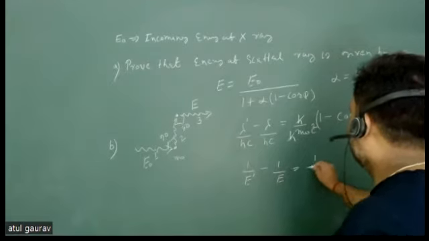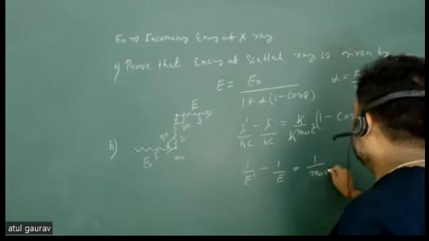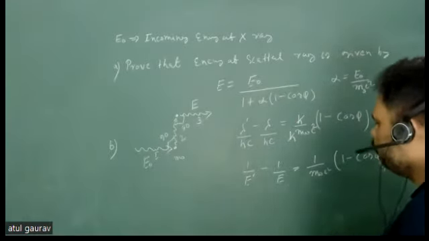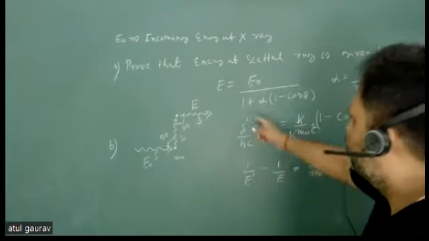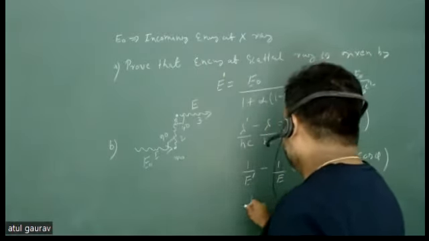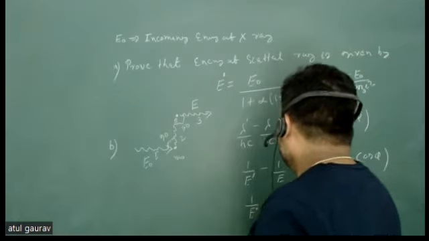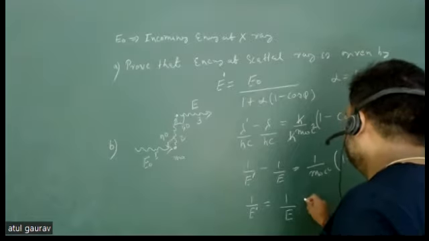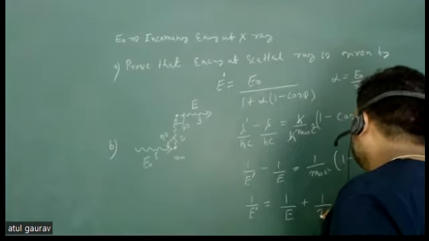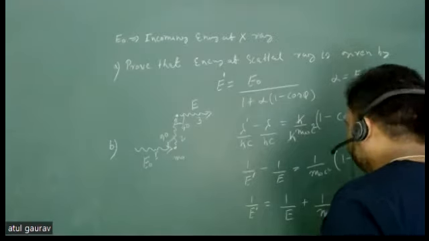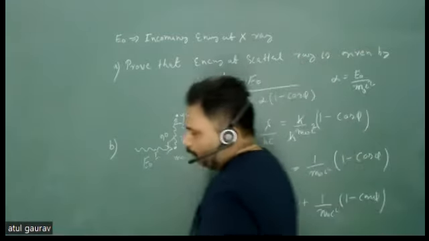What you will get is 1 upon m naught c square times 1 minus cos phi. And we have to calculate E dash. This is my E dash. So 1 upon E dash equals 1 by E plus 1 upon m naught c square times 1 minus cos phi. So you can go for this particular equation.